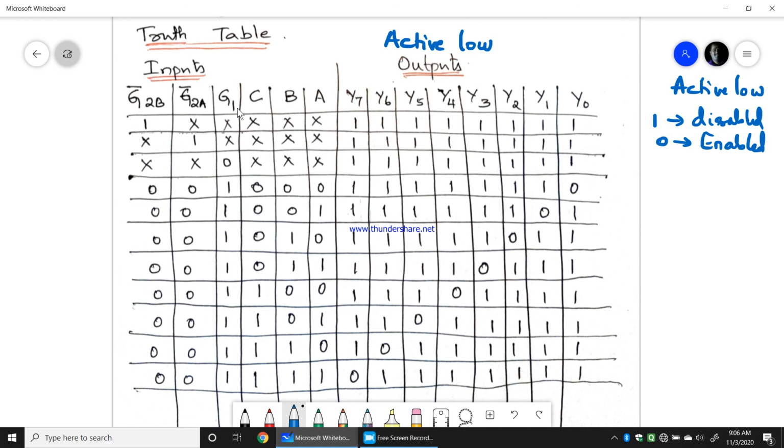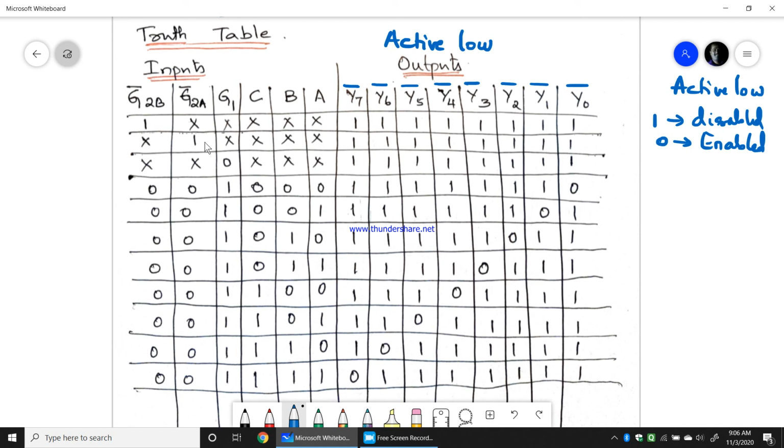Irrespective of the value of ABC or G1, the outputs remain disabled. Again, active low outputs, therefore they are disabled. So I'll write Y7 bar, Y6 bar, Y5 bar. They are all active low. Now here G2A is disabled, therefore irrespective of the value of any other inputs, again the output remains disabled.